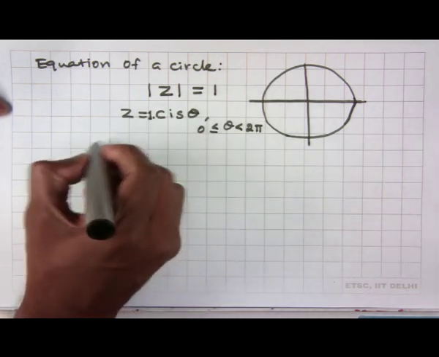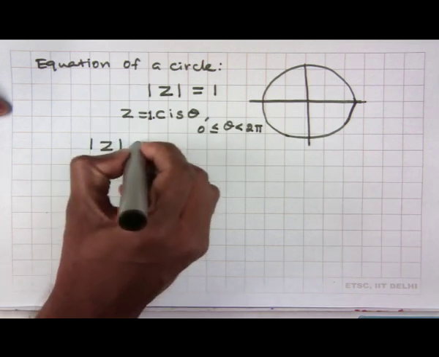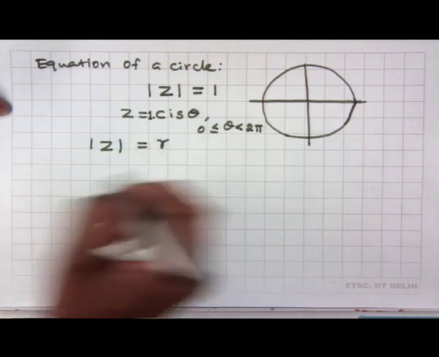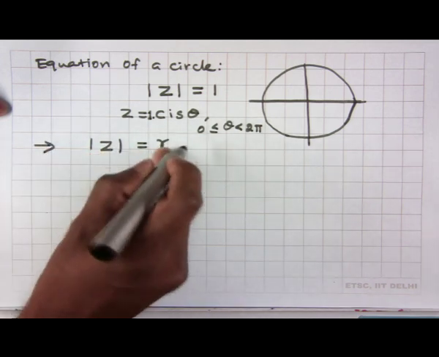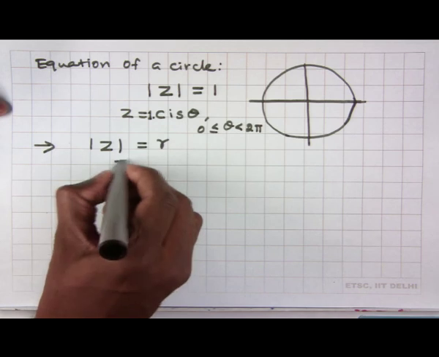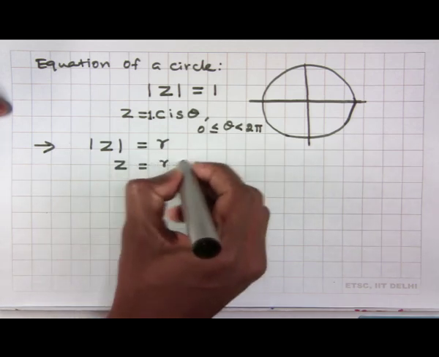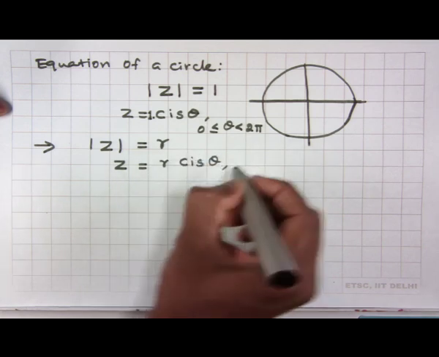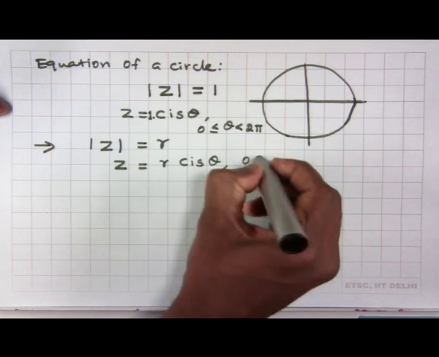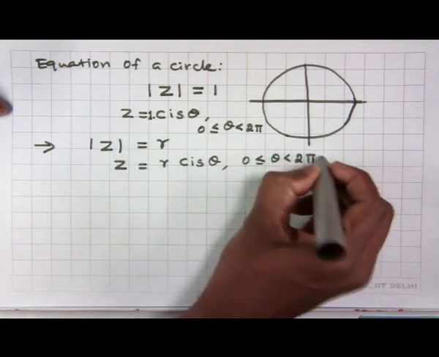If I consider similarly center as origin and radius as r, which is described by mod z equal to r, and here you get the parameterization as z equal to r cis theta, where r is fixed and theta is varying from 0 to pi.